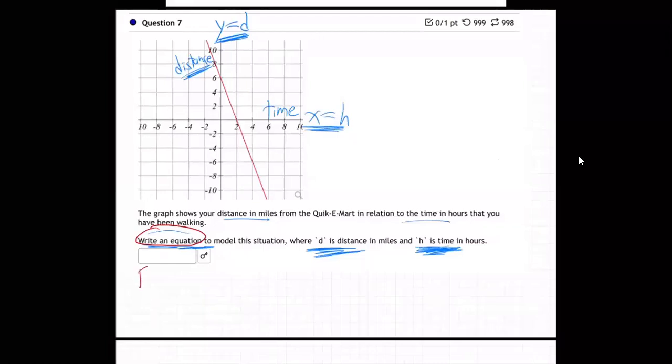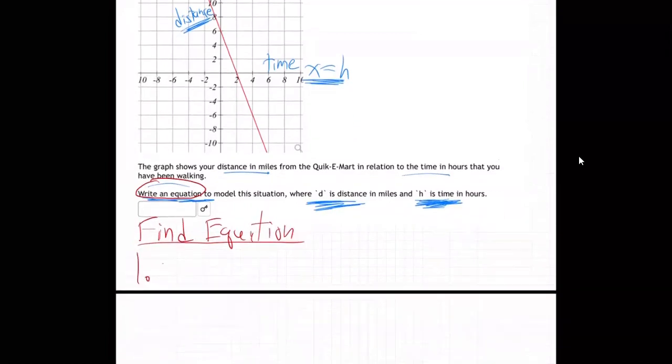Find equation. Step number 1: 2 points. We need 2 points, don't we? It doesn't matter which 2 points. You can grab any 2 points you want.